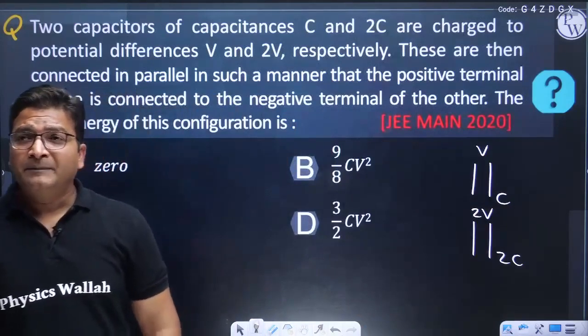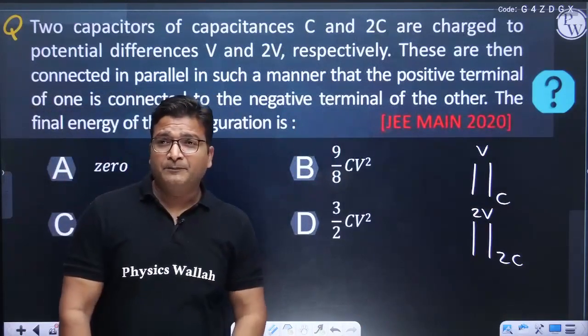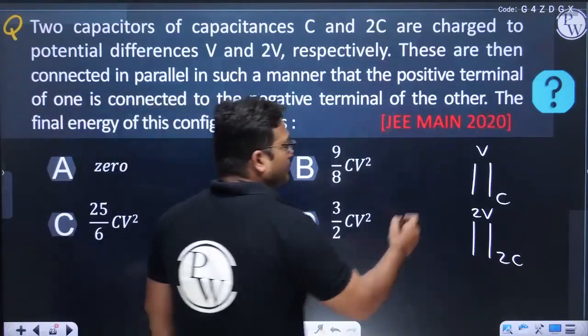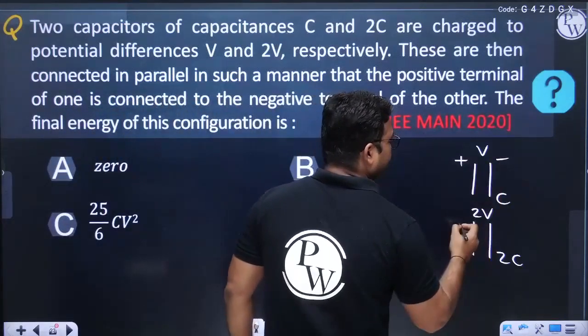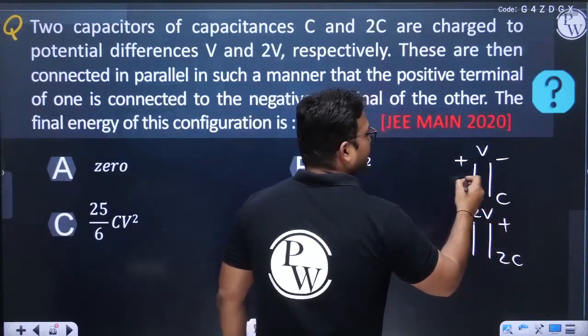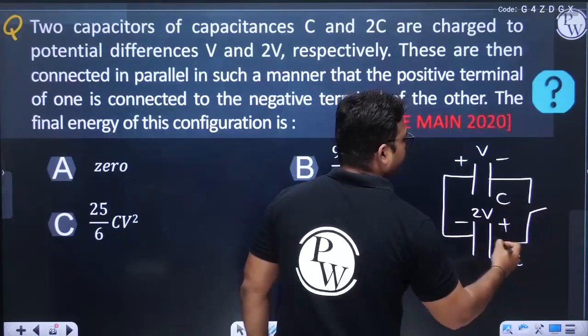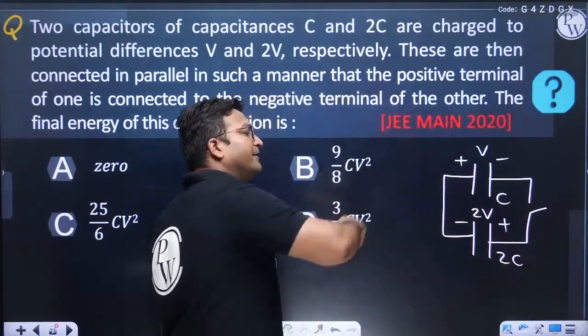They are then connected in parallel in such a manner that positive of one is connected to negative of the other. Suppose this is positive, this is negative, this is negative, this is positive, and negative of one is connected to positive of the other, but they will be connected when the switch is closed.